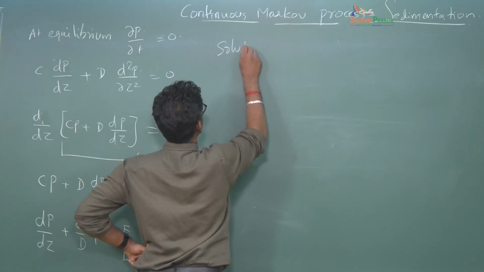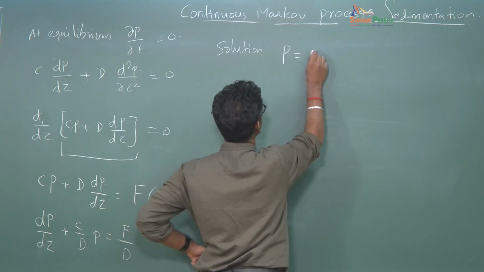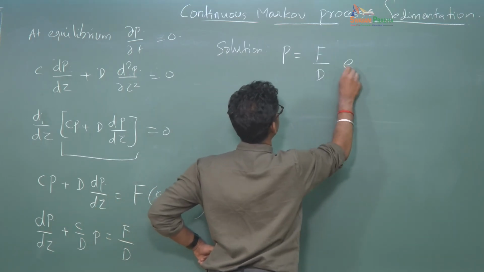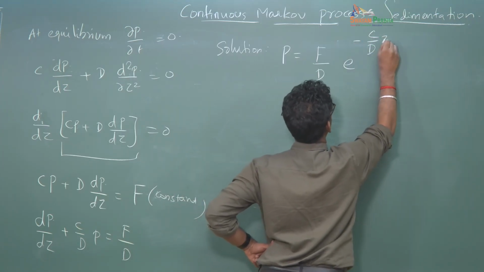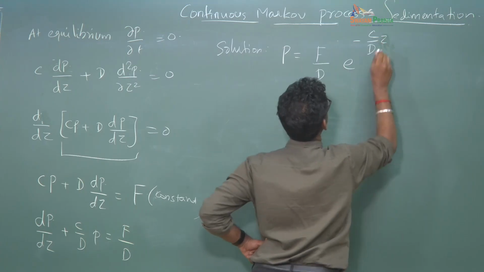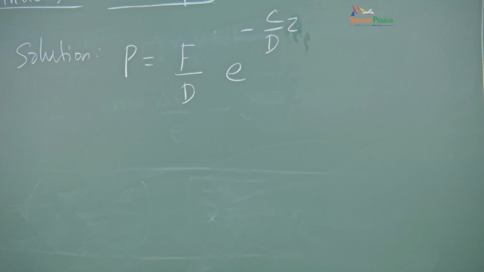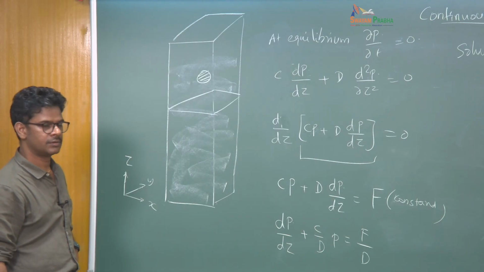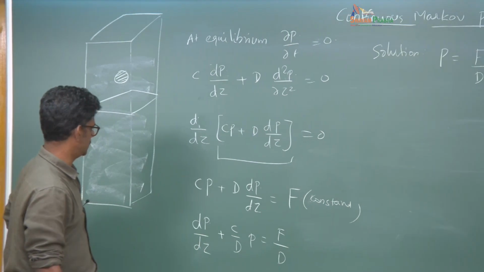So the solution would be P equal to F by D times e to the power minus C/D z, something like this. D should get cancelled, so F by C.